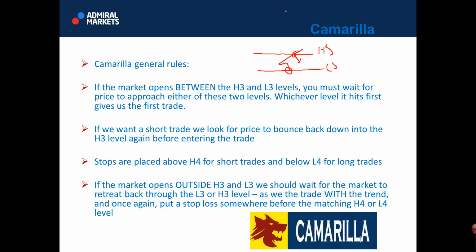So L3 and H3 initially give you scalping trades, but it doesn't necessarily mean that scalp trades can't be turned into scalp swings or scalp swings into intraday positions. But usually those are good for spotting a confluence.